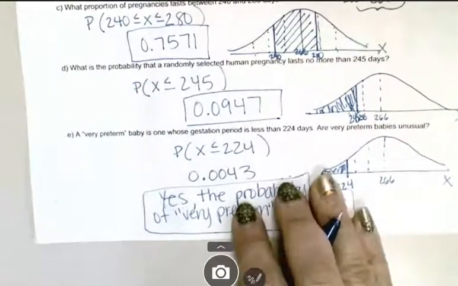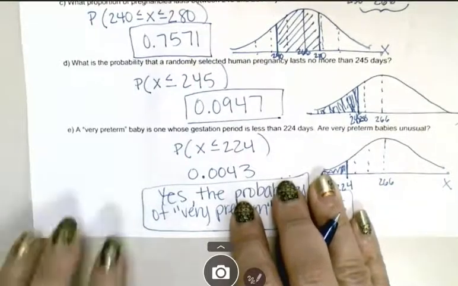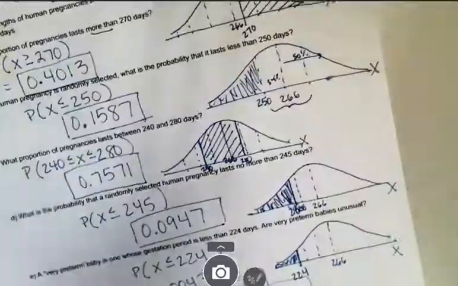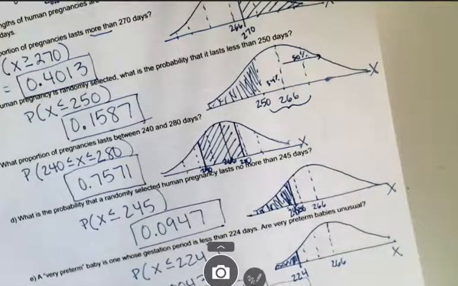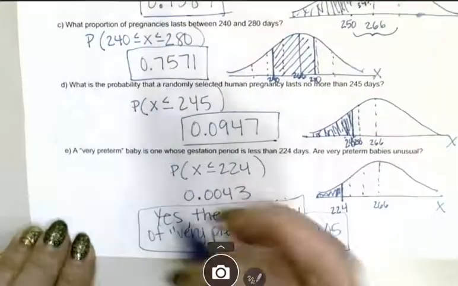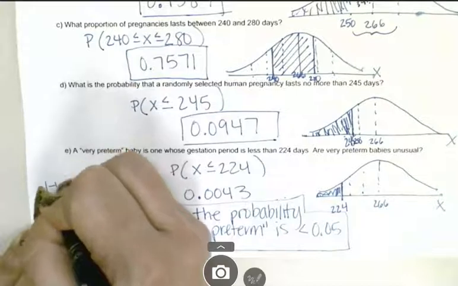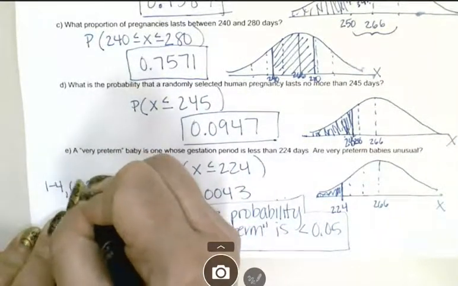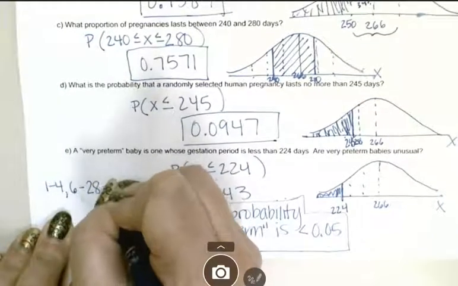So, on the homework, I told you I would adjust those a little bit. So what I want you to do is to do 1 through 4 still. That's all. So 1 through 4. You're going to go from 6 to 28 even.